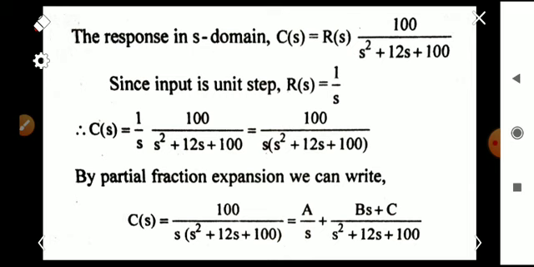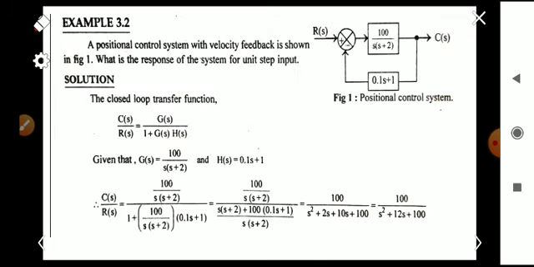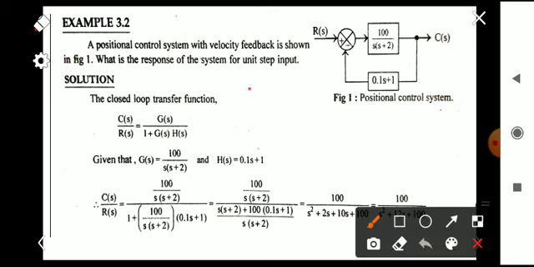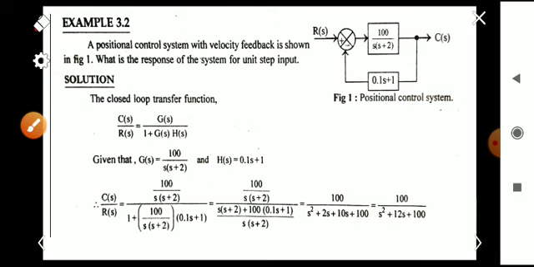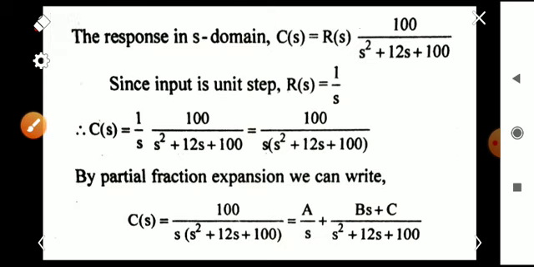Suppose the step input has an amplitude of 3 or 4; in those conditions we have to take the input as 3 by s, 4 by s like that. So that's the only difference. Here the input is unit step, so R of s will be 1 by s.